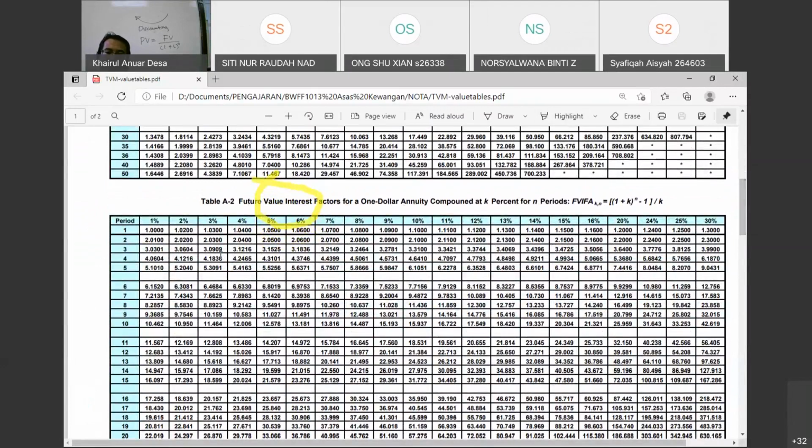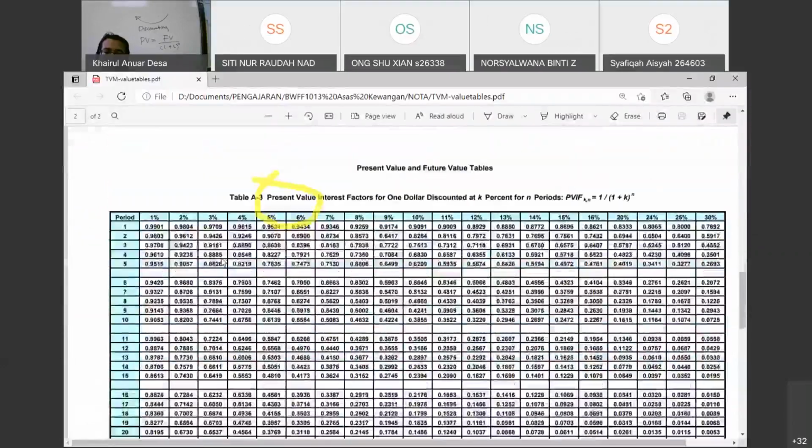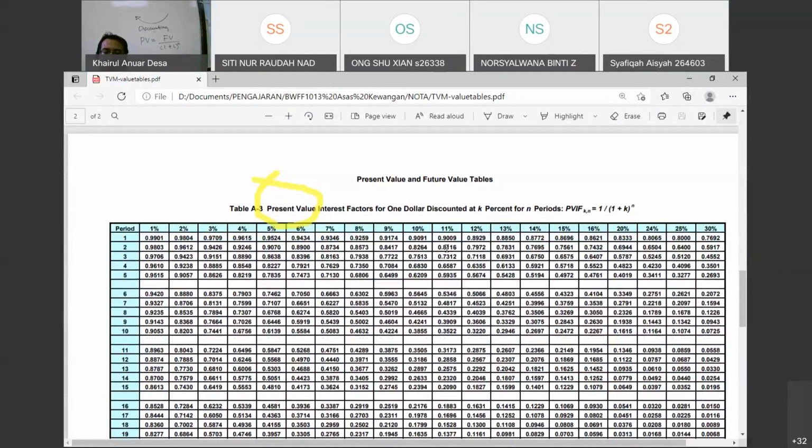Nampak? Okay, the next one is the present value. This is the present value table. Okay, we're going to use this present value table. So 10%, nampak sini 10%. Okay, 10% and 10 years here. So where is the coordinate?